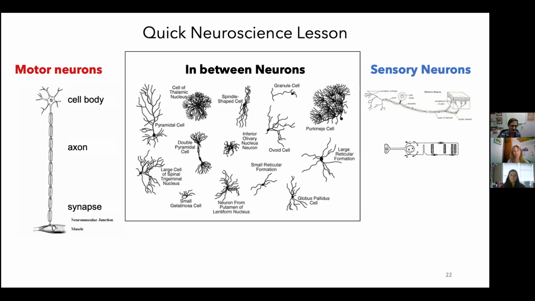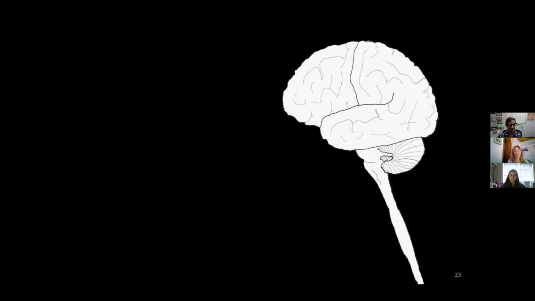Other people might call them different things, but this is why you can do more interesting things than not burning yourself or not blinding yourself or having reflexes. And you can see they come in all different cool shapes and sizes to help you do those sophisticated behaviors, basically just by wiring a bunch of these up together. So that's your quick neuroscience lesson.